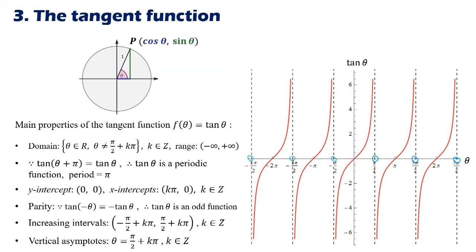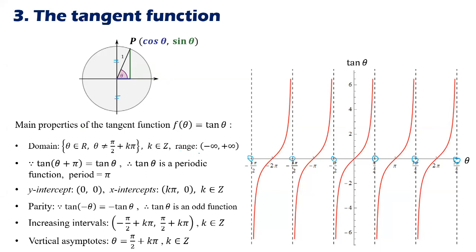Because when theta equals half pi plus k pi, that means theta must lie on the y-axis, right? If it lies on the y-axis, that means the x coordinate is 0. So according to the definition, when the x coordinate is 0, the denominator is 0, right? When the denominator is 0, the function is not defined there, right?